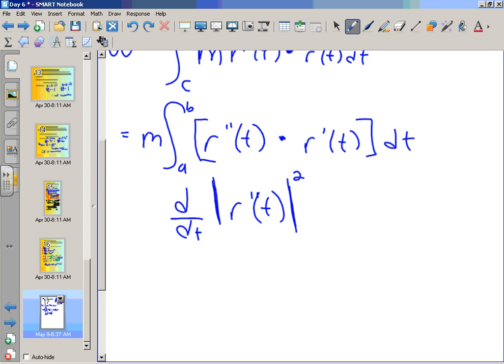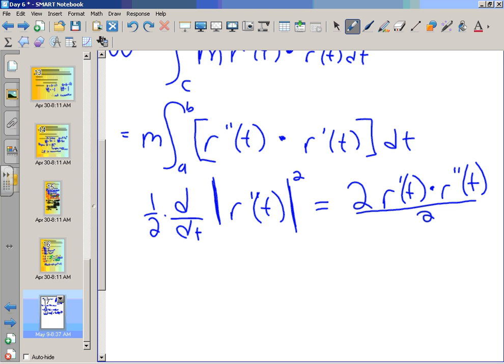You take the derivative of the magnitude squared, then this equals 2 times r prime of t dotted with r double prime of t. And so if we divide everything by 2, then we see that we have exactly this right here, because the dot product is commutative.